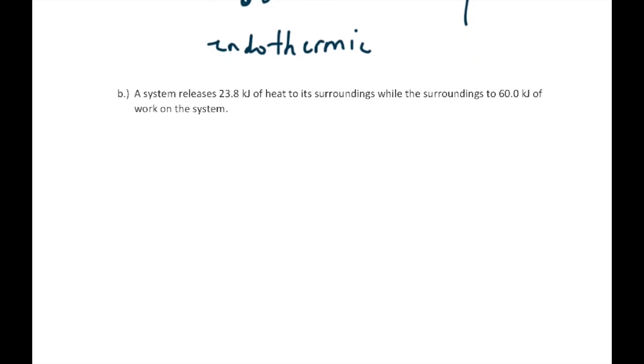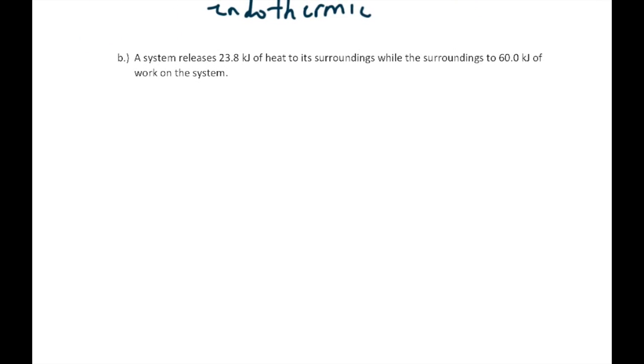Part B to this problem is: a system releases 23.8 kilojoules of heat to its surroundings, while the surroundings, and this again is a little typo, the surroundings do 60.0 kilojoules of work on the system. So this goes back to our definitions from before in terms of sign conventions.